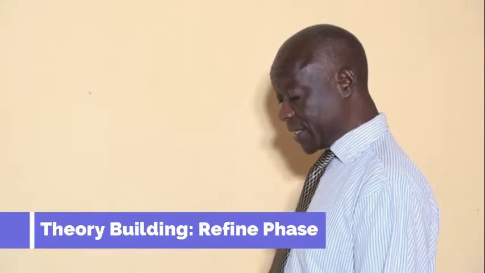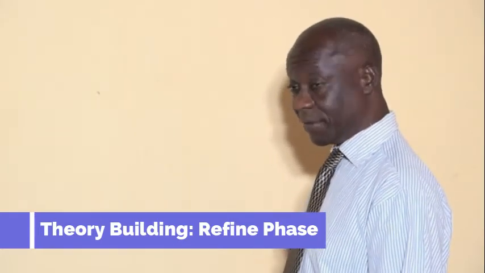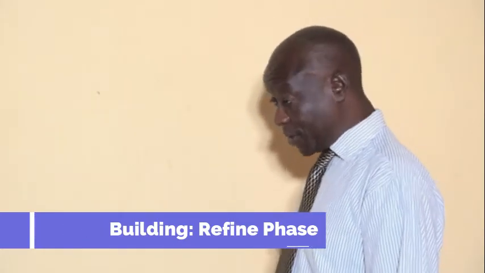If you recall, from lecture 4, lecture 5 up to lecture 12, we've been discussing theory building. And just to remind you, I'll give you the figure that we have been following on the screen here. Our first phase of theory building was the conceptualize phase.